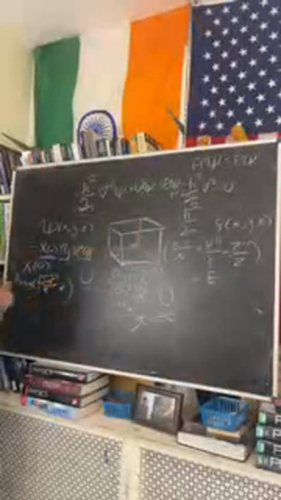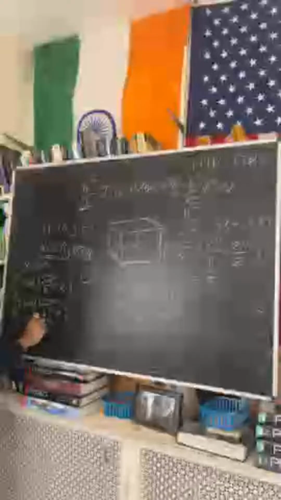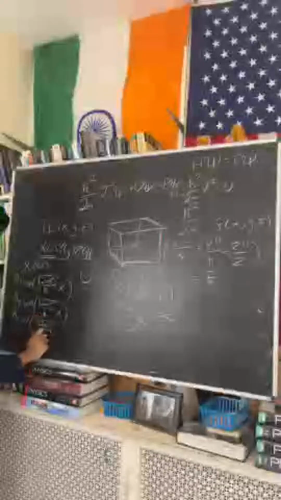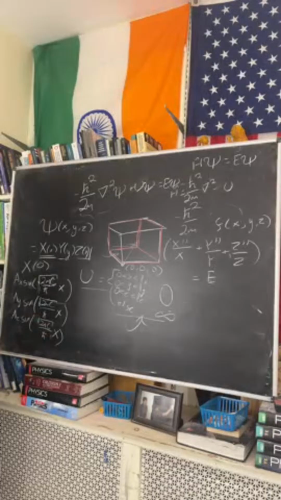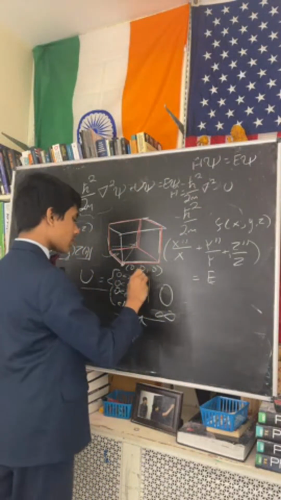Ax sine of this, you get Ay sine of this, and you get Az sine of this. And of course, you've also got the other side of the boundary conditions, so we use the same trick to figure out more about the amplitudes.